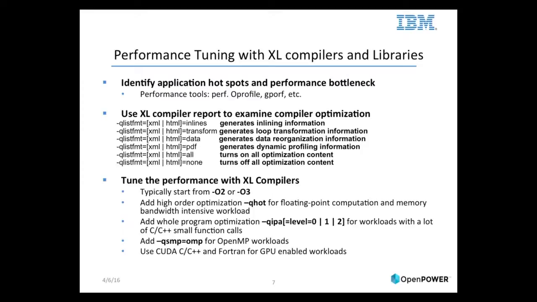Typically, we suggest people start with O2, O3. If you have an analytic workload or floating point workload, then O3 is good with QHOT. If you are more commercial, kind of off-the-shelf application, then it's better to use O2 or O2 IPA.